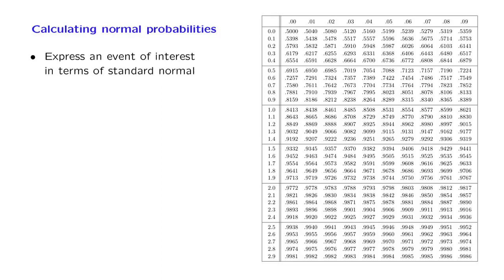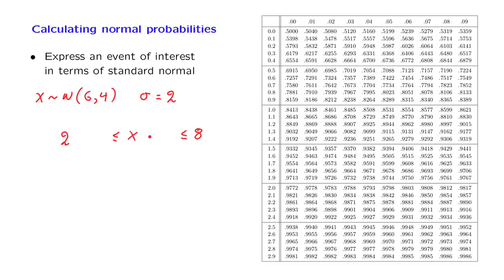Let us see how this is done in terms of an example. Suppose that X is normal with mean 6 and variance 4, so that the standard deviation sigma is equal to 2. And suppose that we want to calculate the probability that X lies between 2 and 8. Here's how we can proceed.